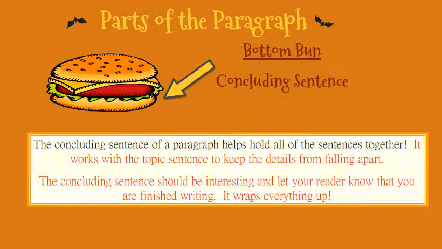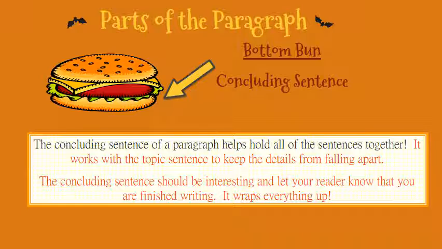And now the last part in the paragraph, which is the concluding sentence, the bottom bun in the hamburger sandwich. It's very important because it keeps all the ingredients together, all of the ideas or the details together. The concluding sentence in a paragraph helps hold all of the sentences together.